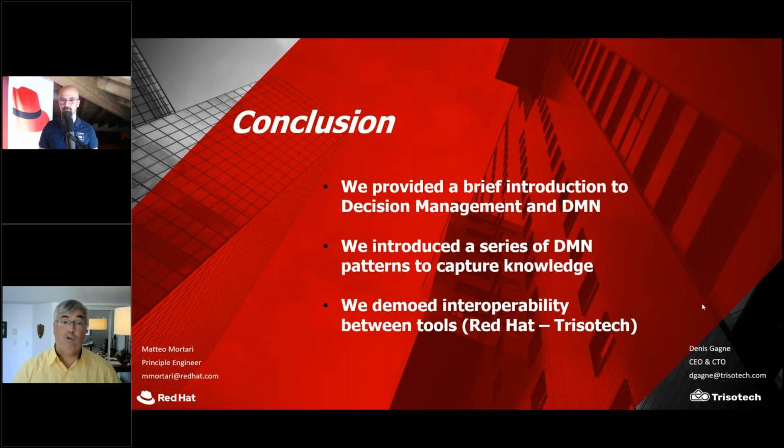So you can have a full graph. It's not just a hierarchy that you build. With DMN, you can create a full graph of interdependencies between decisions. If you want more examples, you can reach out to either Matteo or myself, and we can show you examples of those.